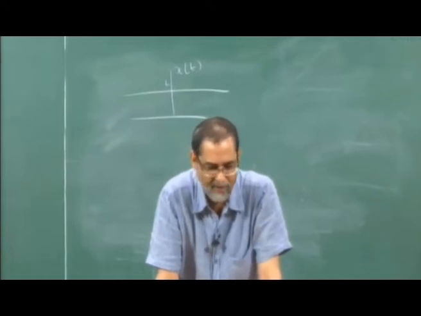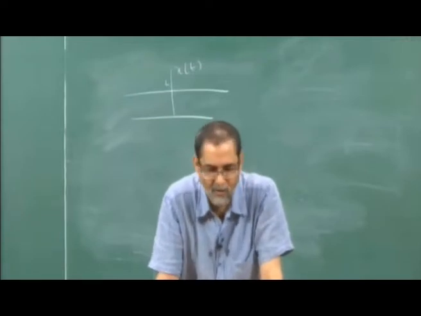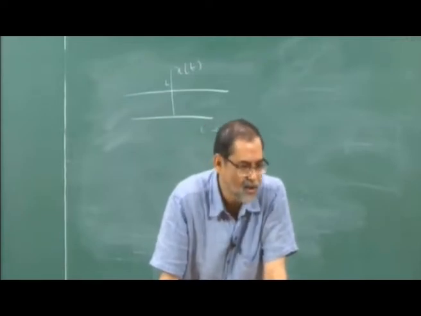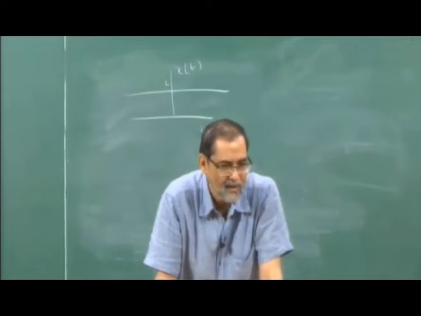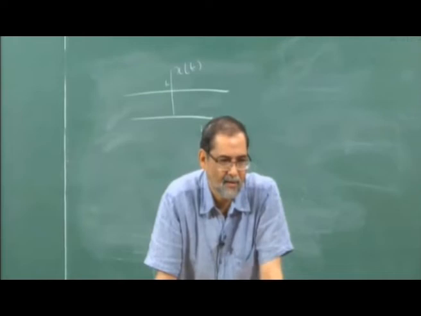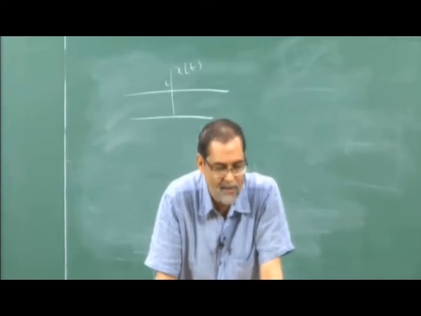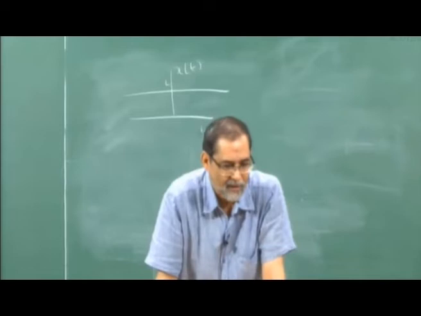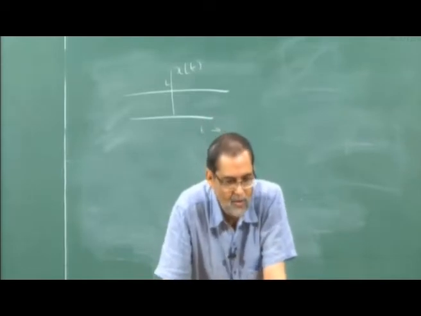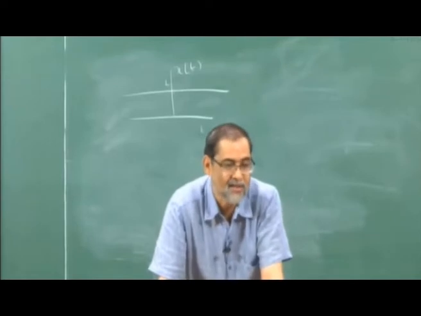For example, if you take u of t as one function and u of minus t as another function, these two functions cannot be convolved, right? A constant function cannot convolve with a step function. Forget about that. Even simpler, u of t does not convolve with u of minus t, because you get an inconsistent result.